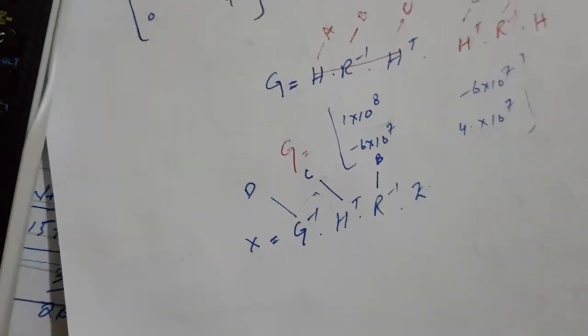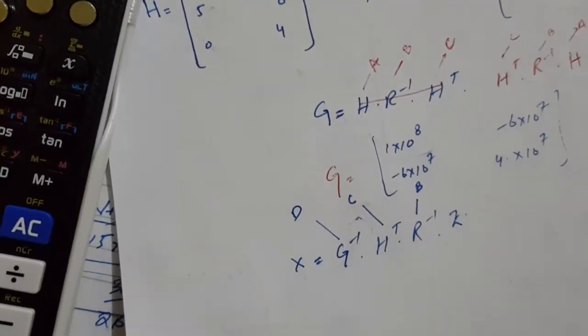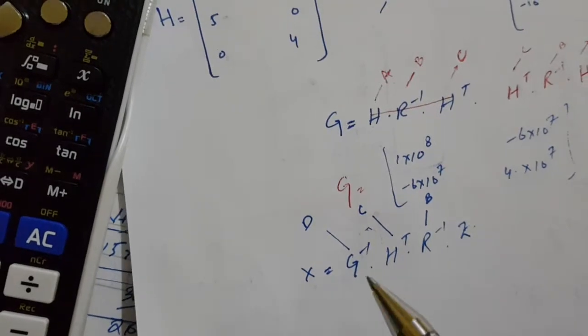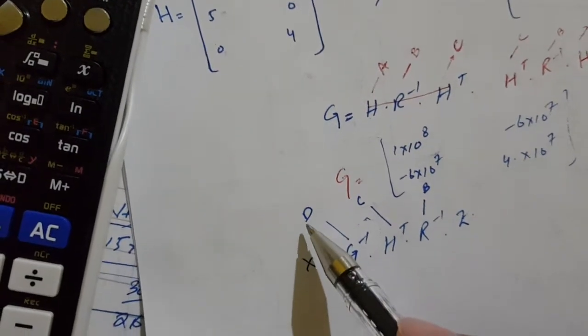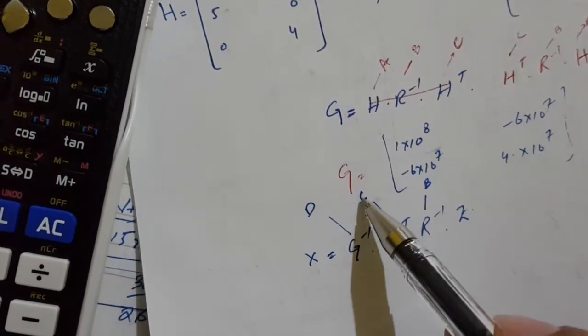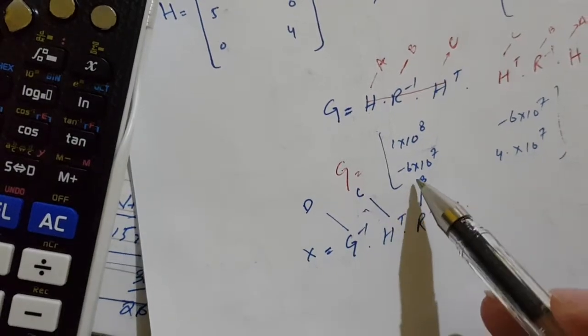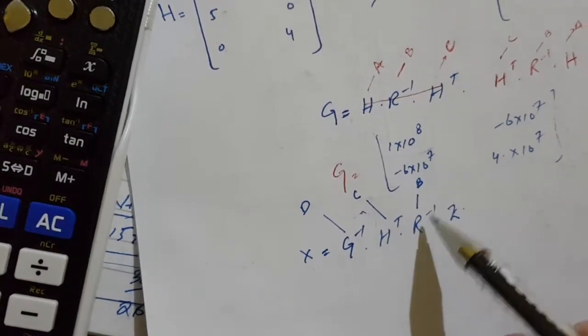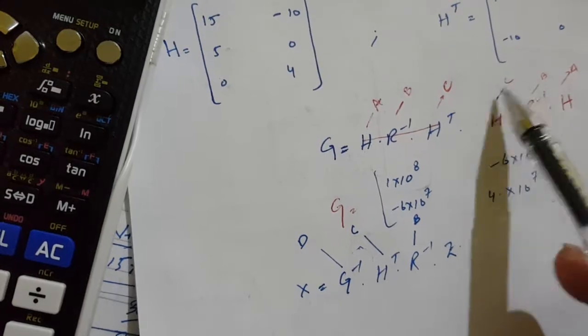So guys, I have fed G inverse in matrix D in my calculator, HT in C in my calculator, and R inverse it's already done. HT and R inverse from the previous ones is already done.